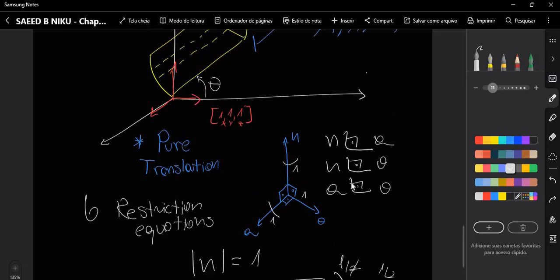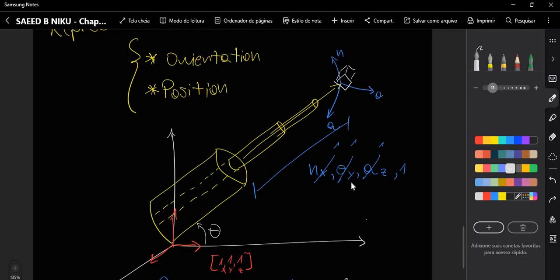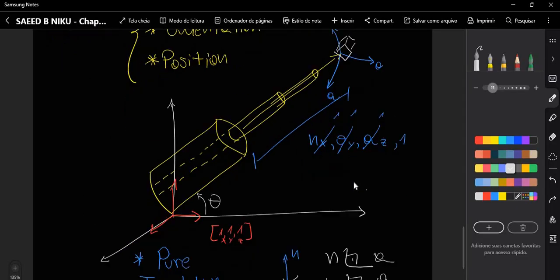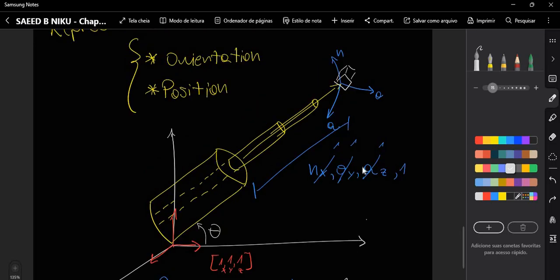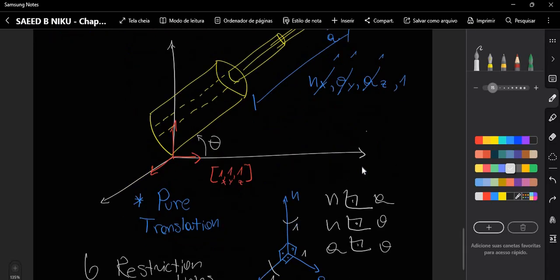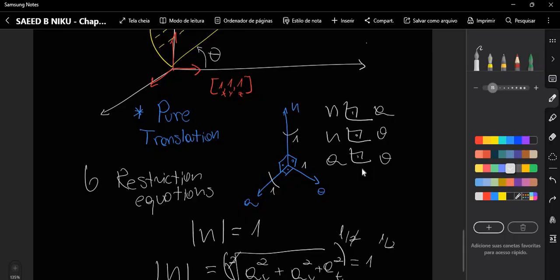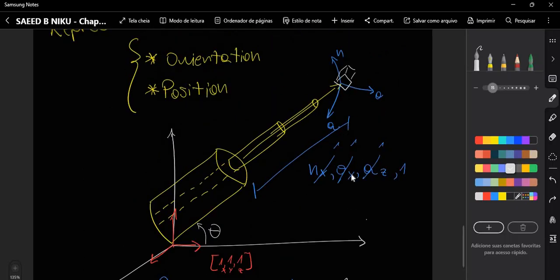And in order to solve real problems, the idea is to let this rigid body have its position and orientation always known.